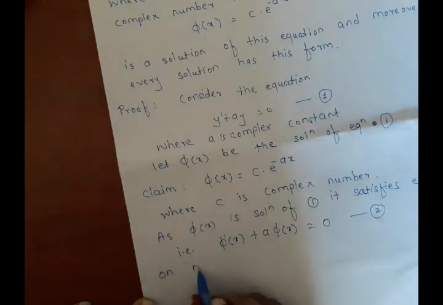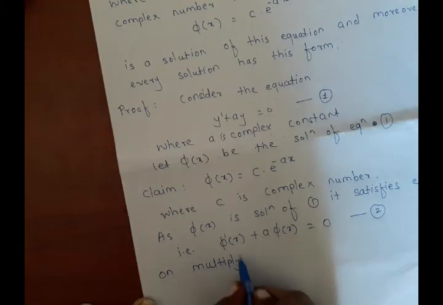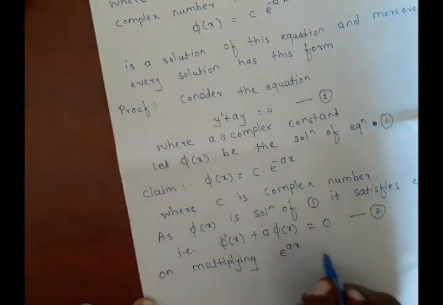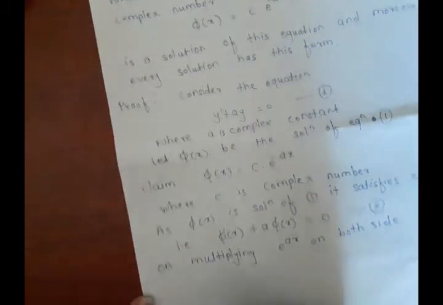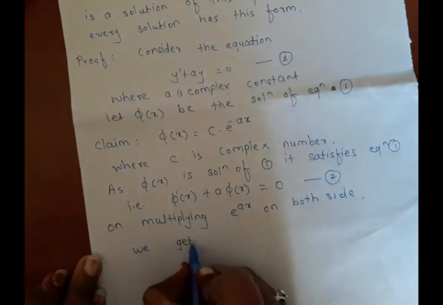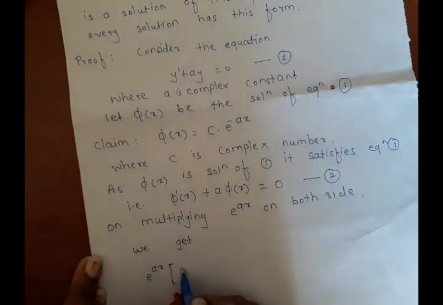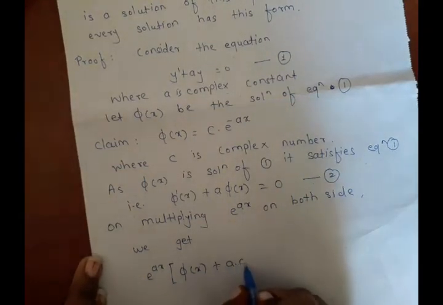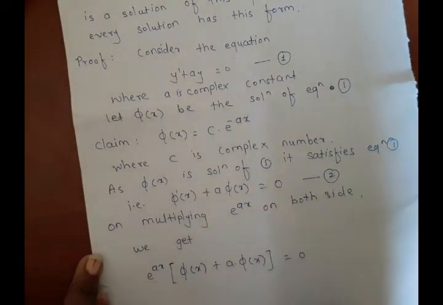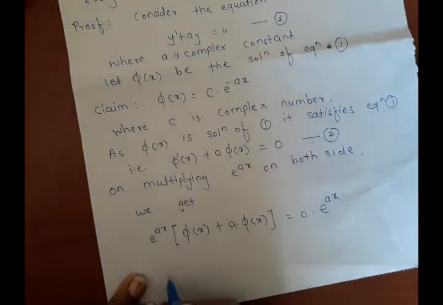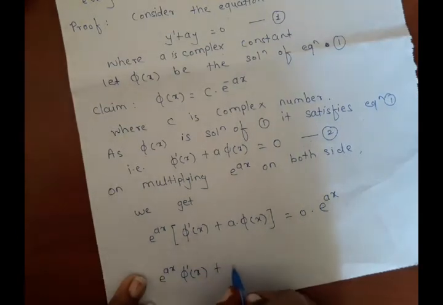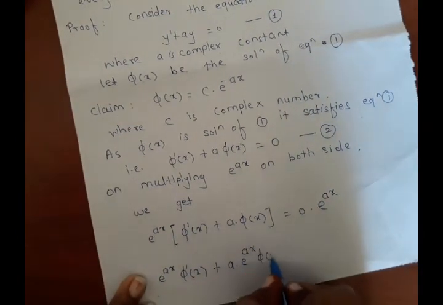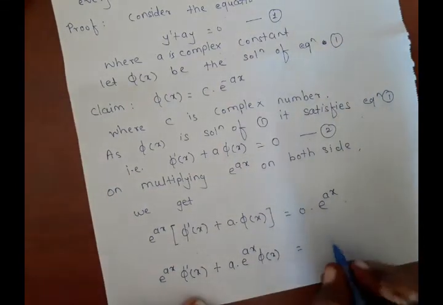Then on multiplying e^(ax) on both sides, we get e^(ax)(phi'(x) + a phi(x)) = 0 times e^(ax), which is equal to e^(ax) phi'(x) + a e^(ax) phi(x) = 0 times e^(ax), which is 0.